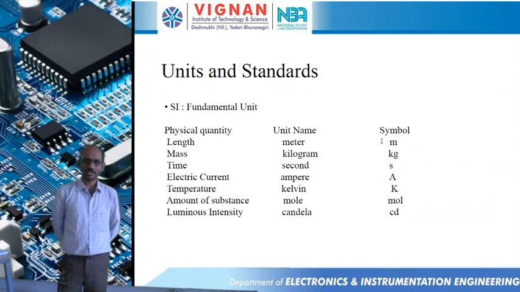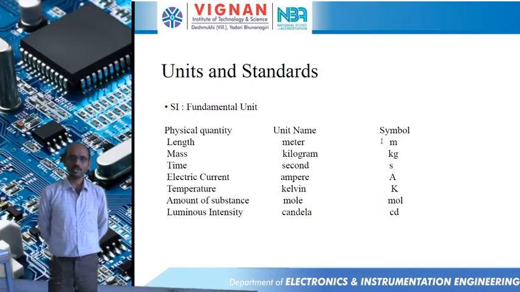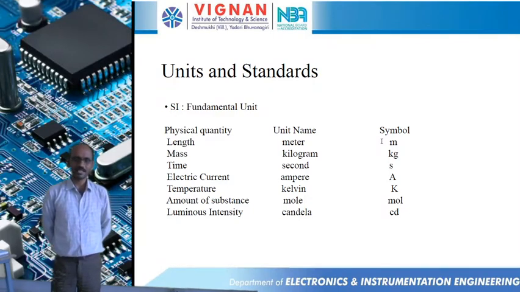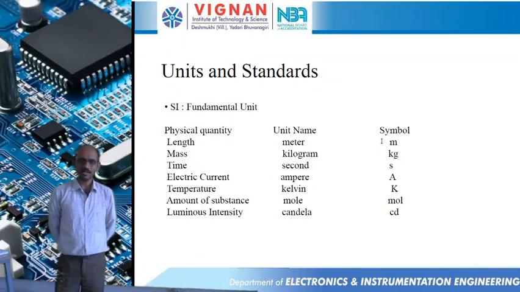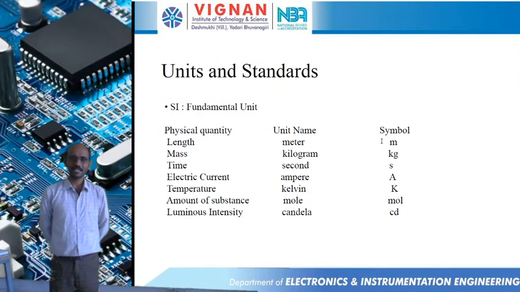Coming to the definition of kilogram, we can define the kilogram as 1 cubic decimeter of water at 4 degrees centigrade temperature, at its maximum density. Then the weight of the water can be taken as the kilogram. So here 1 cubic decimeter of water is taken as the physical representation.